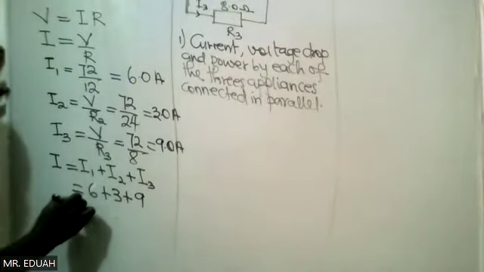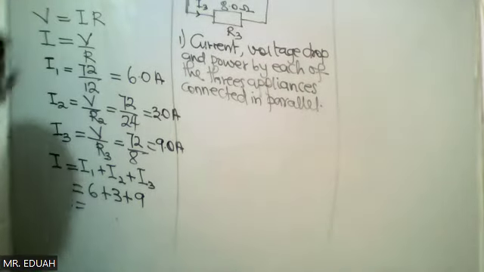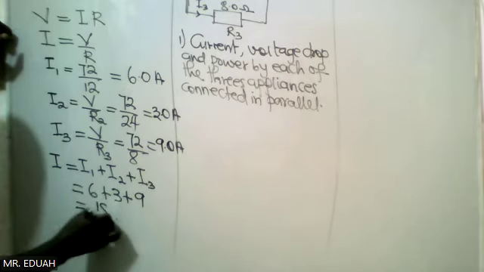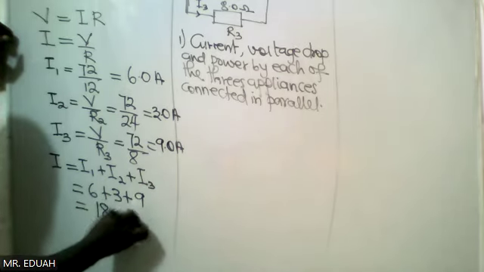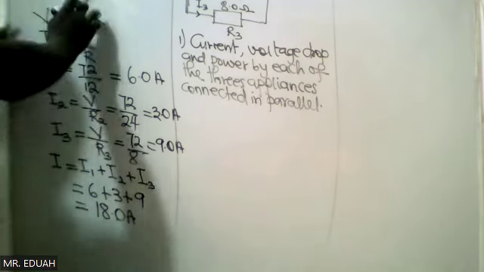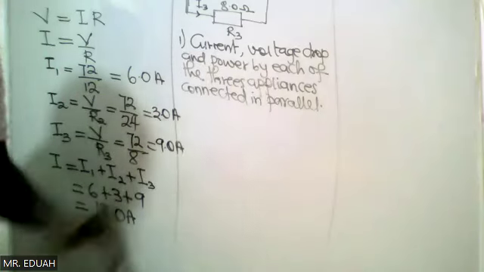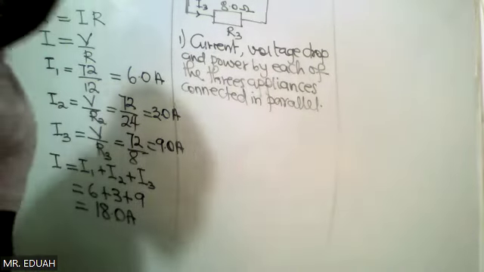And what will be the total current? 18 ampere. So 18.0 ampere. So we've calculated the total current flowing through the circuit.